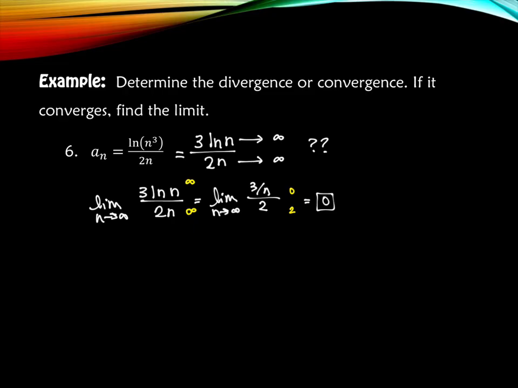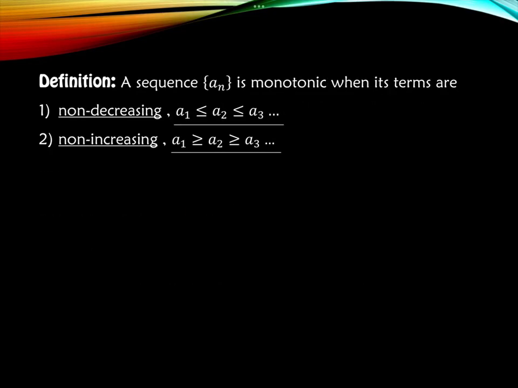A little bit more definitions. A sequence, a sub n, is monotonic when its terms are non-decreasing or non-increasing. It's a funny phrase to say non-decreasing, because you probably think, isn't non-decreasing increasing?